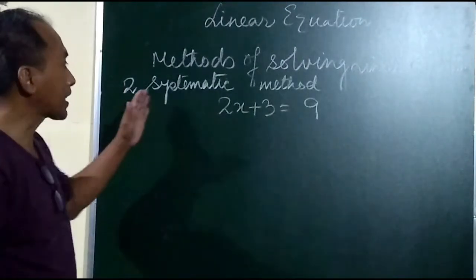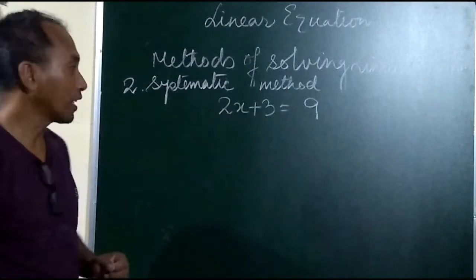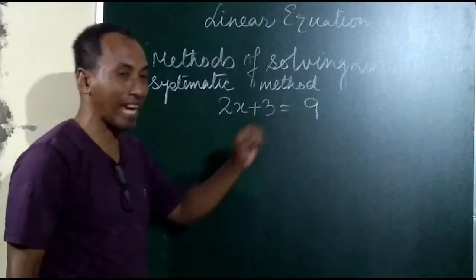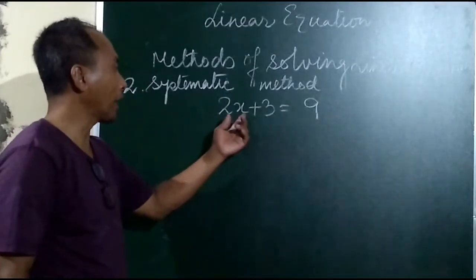Now let us see the second method, called the systematic method. We take one example: 2x plus 3 equals 9. The left hand side is 2x plus 3.